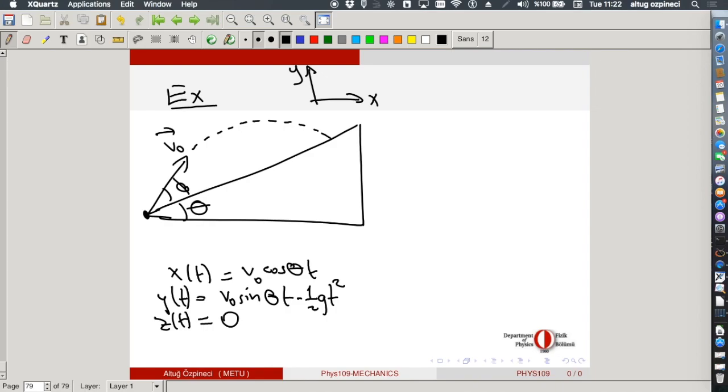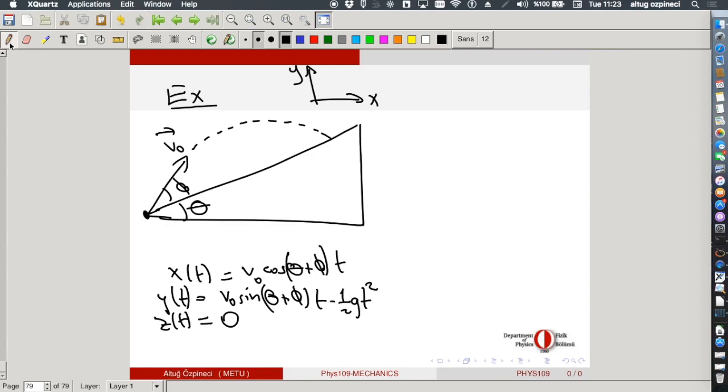Now in this problem, the angle that the initial velocity makes with the horizontal is theta plus phi. That is how we defined it.